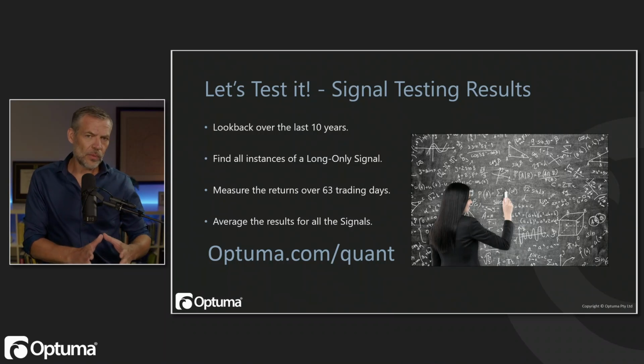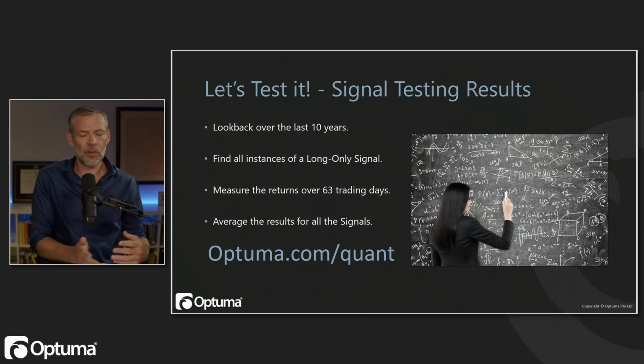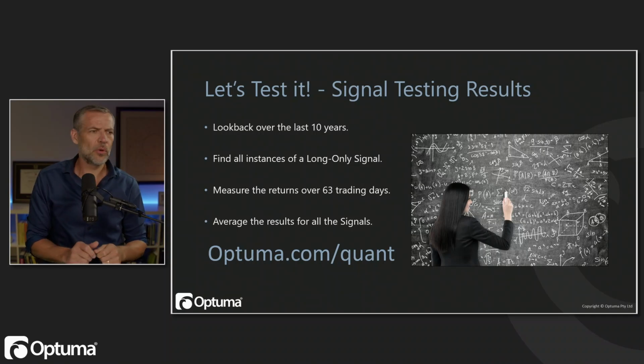With a signal, all I want to do is find every single instance of my signal across all S&P 500 stocks, obviously when they were in the S&P. So there's like 800-900 stocks now that have been historically in the S&P 500. We only take the signal if it was in the index at that time. Very important.